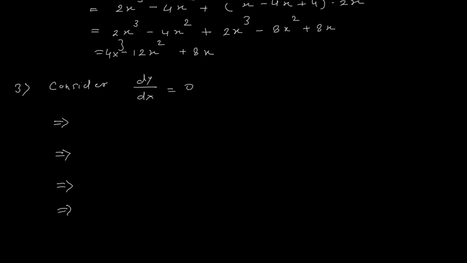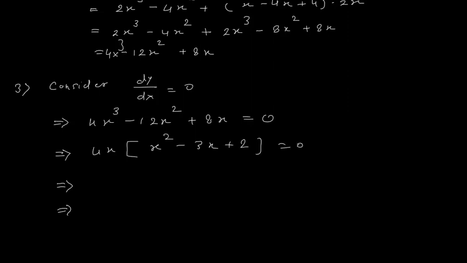dy upon dx equal to 0 gives me 4x cube minus 12x square plus 8x equal to 0. Now 4x I can take common. So after taking 4x common, here we have x square minus 3x plus 2 equal to 0. This is a quadratic equation, so we solve this quadratic equation. x square minus 2x minus x plus 2 equal to 0.